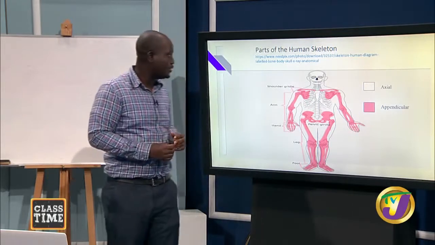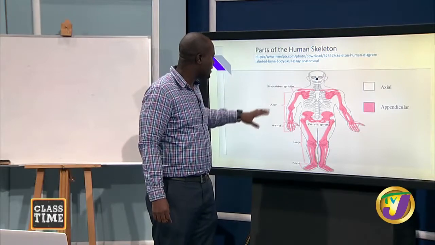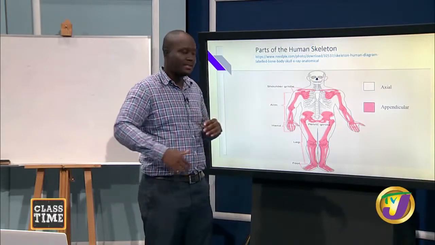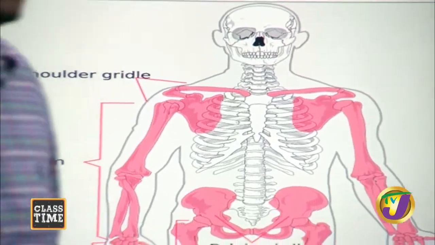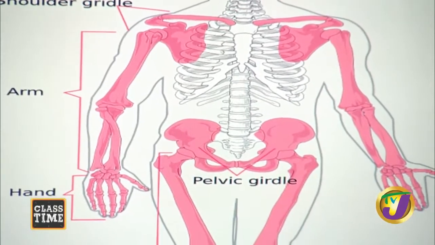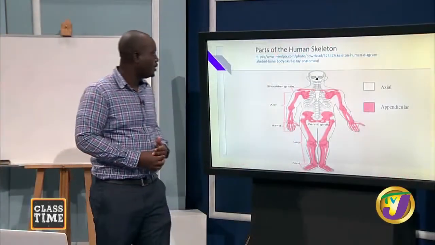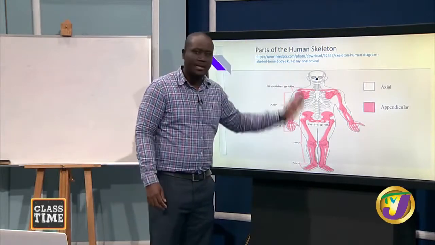That's what girdles in biology mean. So you have the pectoral girdle, which connects your arms to the axial skeleton, and you have the pelvic girdle that connects your legs to the axial skeleton. And we're going to go into the different parts as we move forward. So the two parts of the skeleton: axial and appendicular.